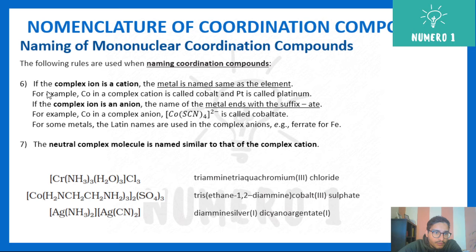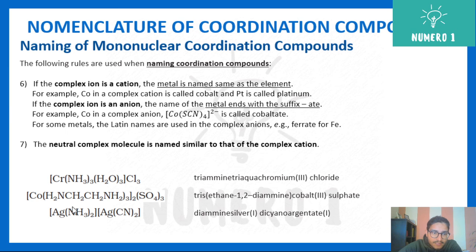Lastly, if the complex ion is a cation, the metal is named as the element. For example, chromium is here, and since this is positively charged, it will be written as chromium. But if the complex ion is an anion, then the metal name ends with the suffix ate. This example explains it very well. Ag is silver. One entity is positively charged and the second entity is negatively charged.